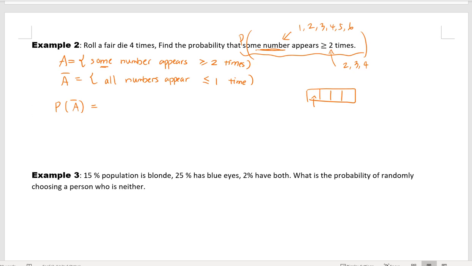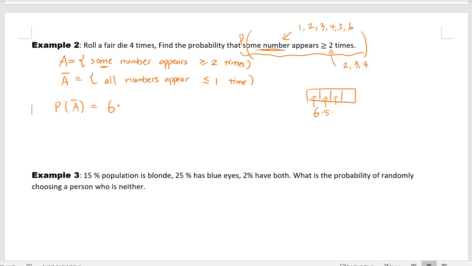Because all numbers appear at most 1 time, the first roll could be any number, so 6 possibilities. For the second roll, the first number cannot appear now, so there are only 5 possibilities.